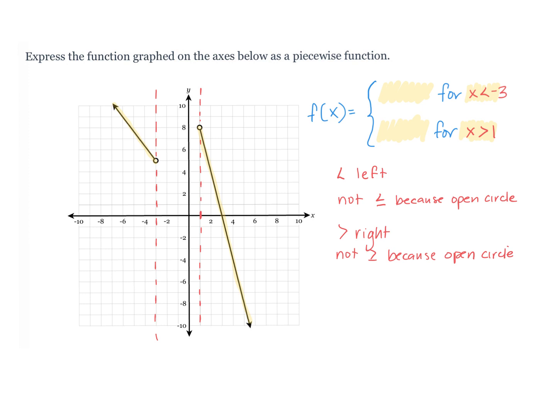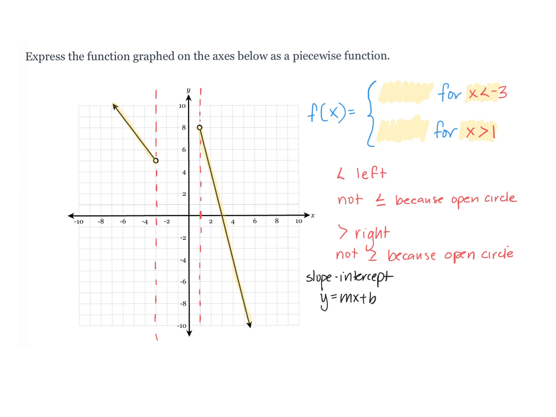So now we're finished with the subdomain piece, and we can move on to find the actual equation of each line. We have two different formulas we can use to find the equation of a line. We have the slope-intercept form, and that is y equals mx plus b.